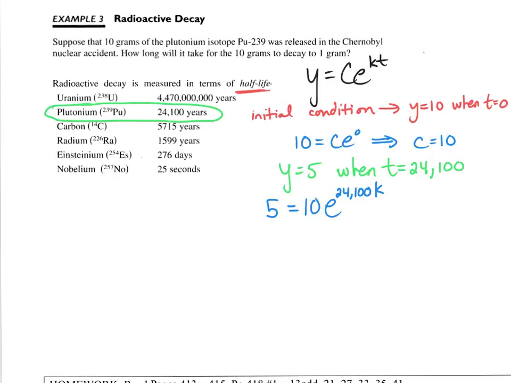So if I divide out, I have 1/2 is equal to e to the 24,100k. If I ln each side, I get k is equal to 1 over 24,100 ln of 1/2, which, if I plug that into my calculator, go ahead and do that. Tell me what you get.